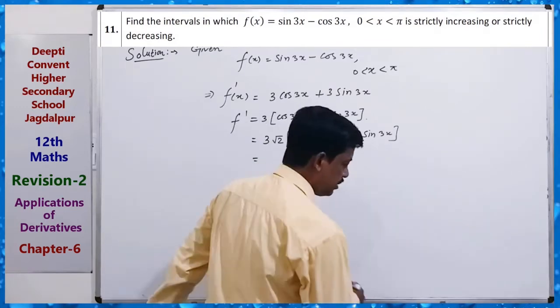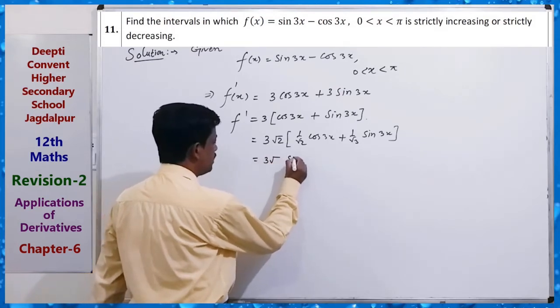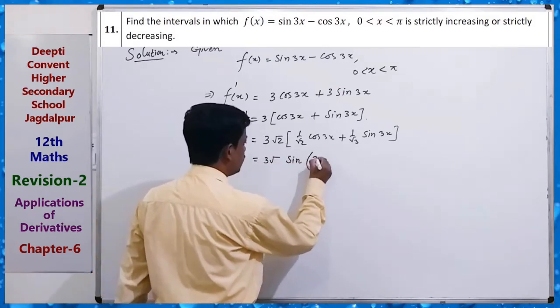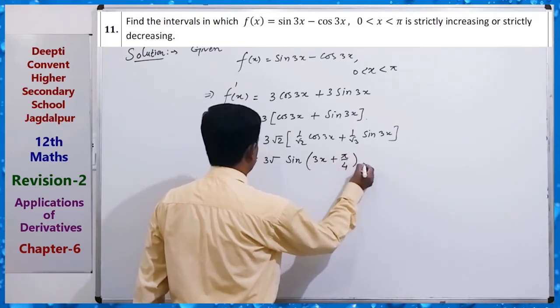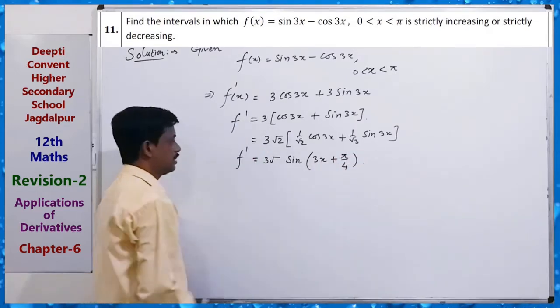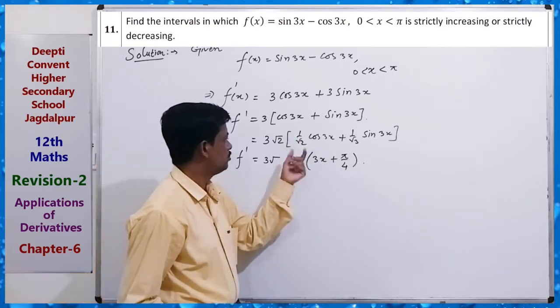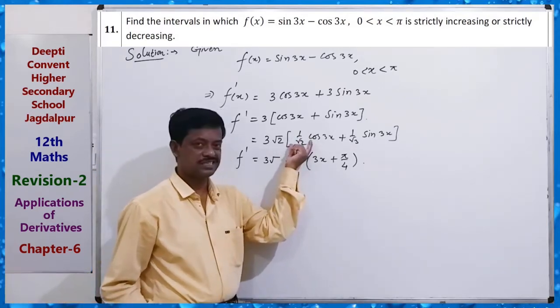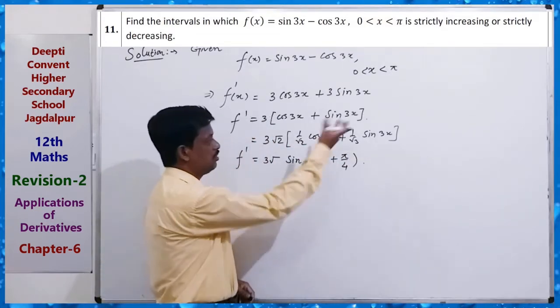So we can write f dash equals 3 root 2 sin of (3x plus pi by 4), because 1 by root 2 means sin pi by 4 and cos pi by 4, using the formula for sin (a plus b).